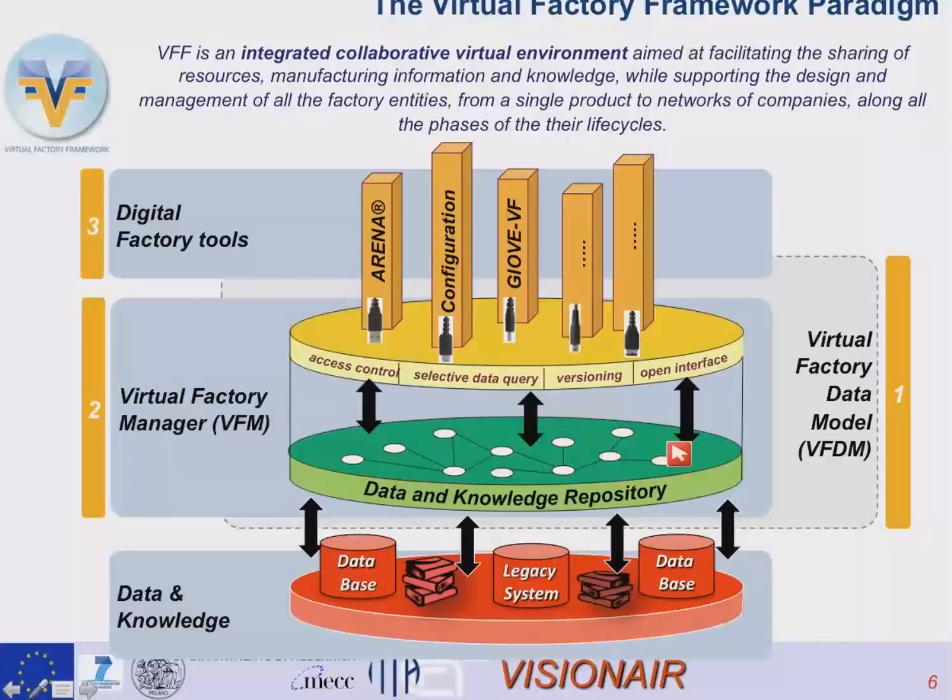And then through this layer, we provide different tools the access to this data. So in this case, we provide access to the transfer line configuration tool that has been provided by Professor Olga Battaïa, and we use Arena as a discrete event simulation tool, and we use Jove as a three-dimensional environment to design the layout.